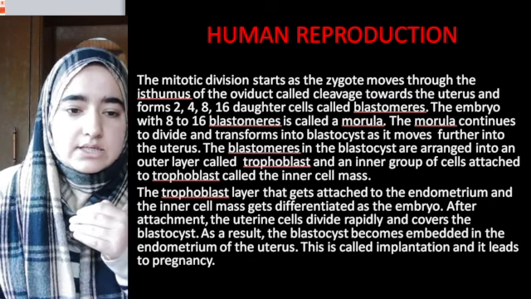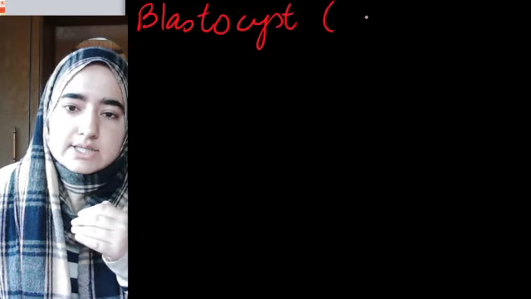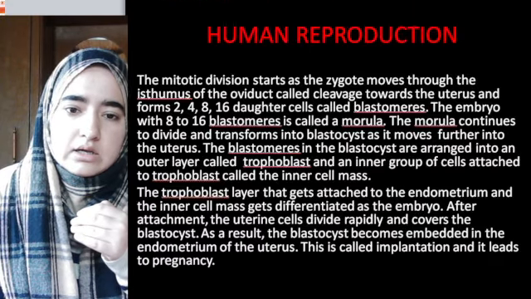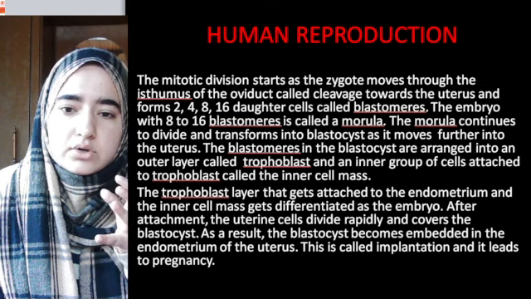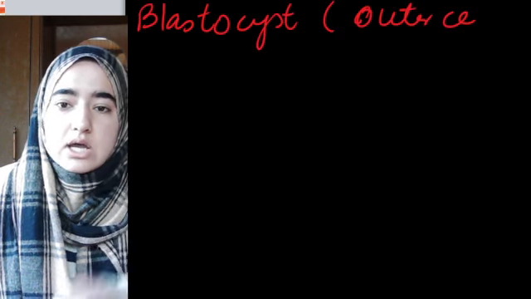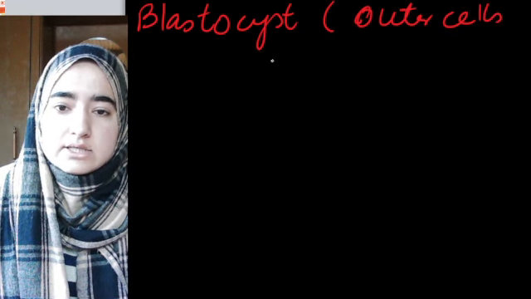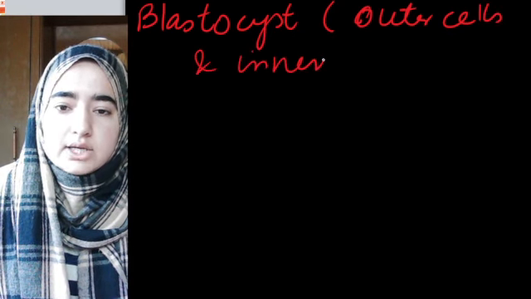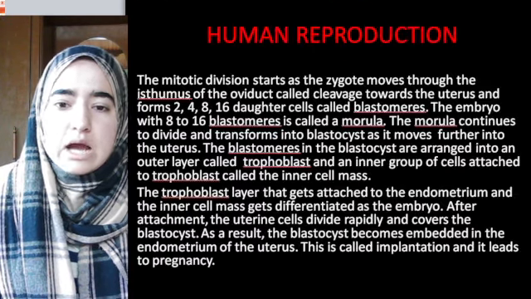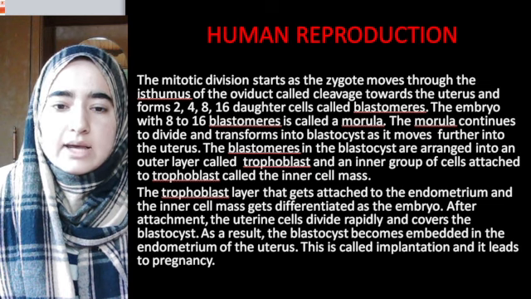Okay, and the blastocyst inside the uterus is arranged into an outer layer and an inner cell mass.